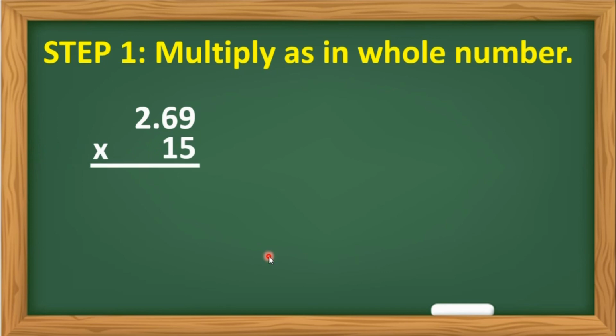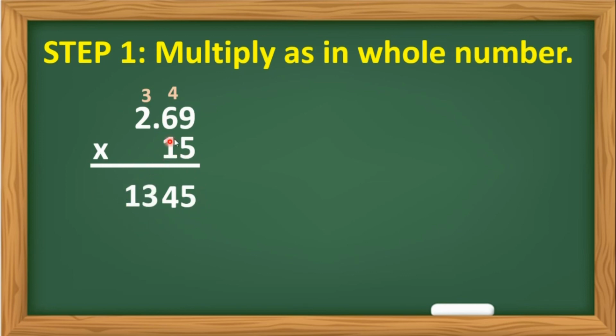Our multiplicand is a decimal number and ating multiplier is a whole number. So 9 times 5 is 45. Then bring down 5, carry 4. So 5 times 6 is 30, plus 4 is 34. So bring down 4, carry 3. Then 5 times 2 is 10 plus 3 is 13. So this is our partial product.